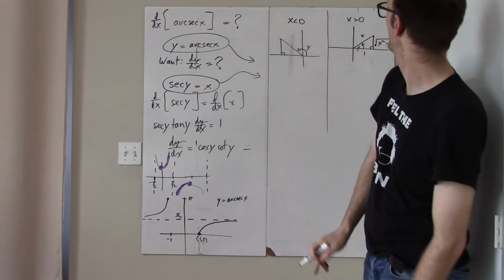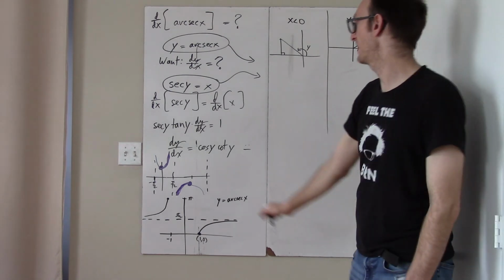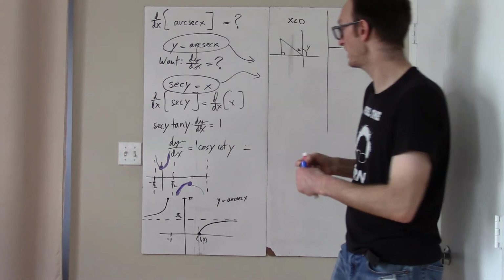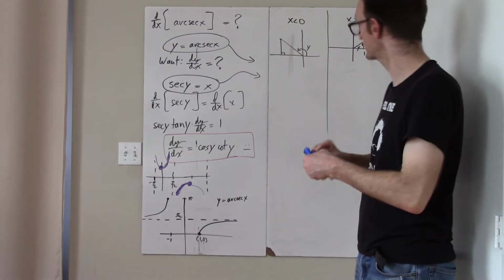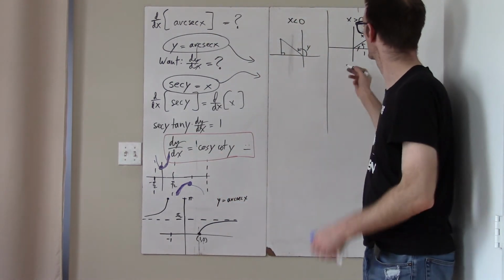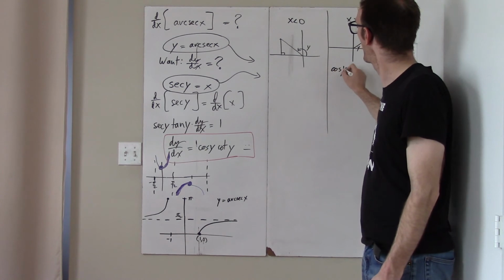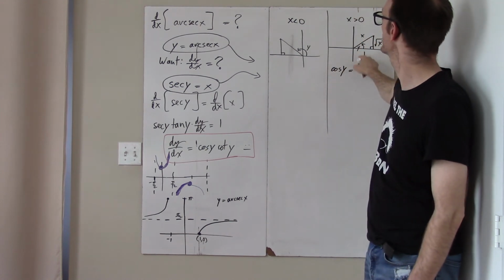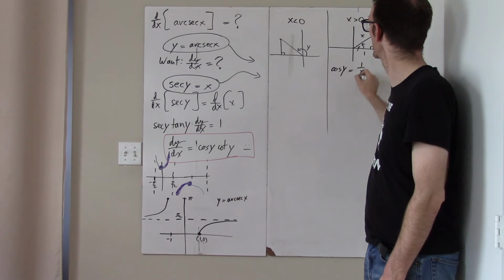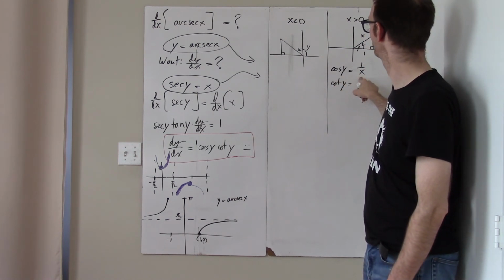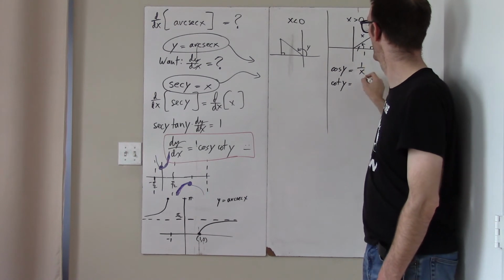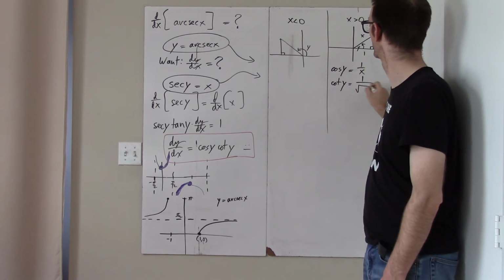And then I can go back over here, which was the whole point of this, to simplify this. What's cosine y? Well, I just look at my picture. Cosine of y is 1 over x, so there it is. And what is the cotan of y? It's 1 over root x squared minus 1.